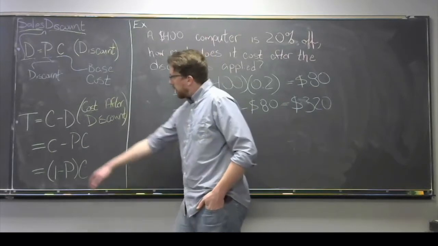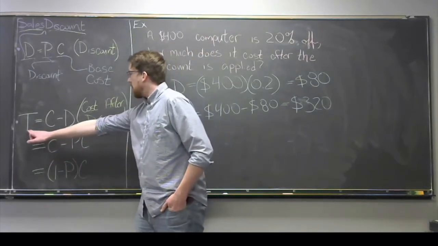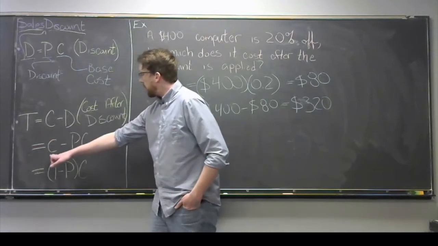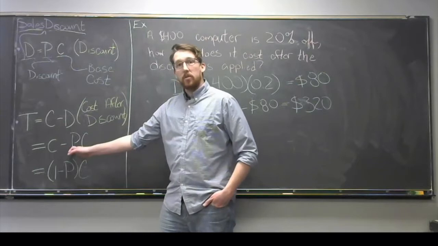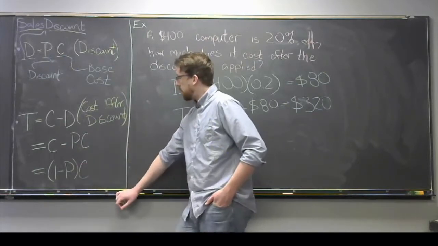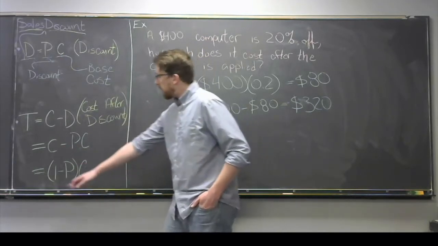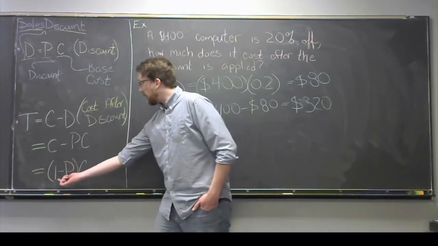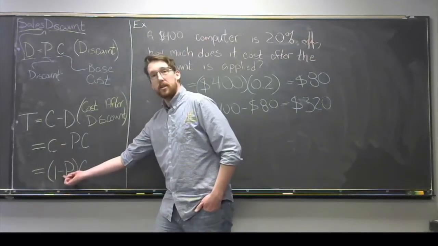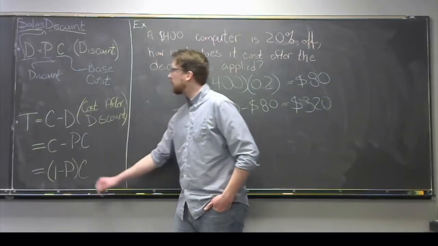If that's the case, then our total cost after the discount is going to be C, the cost, minus the percent discount times the cost, which, after we factor out the cost, is equal to 1 minus the percent discount times the cost.